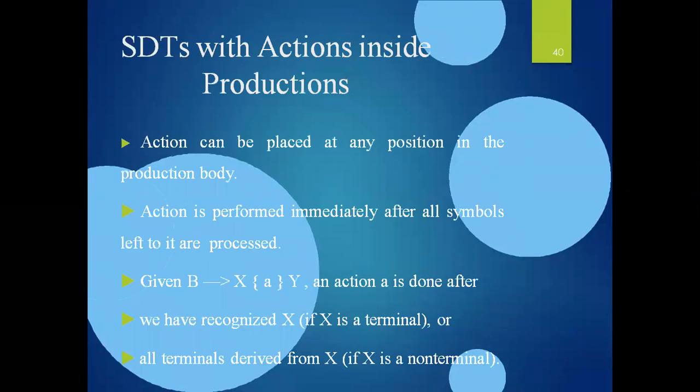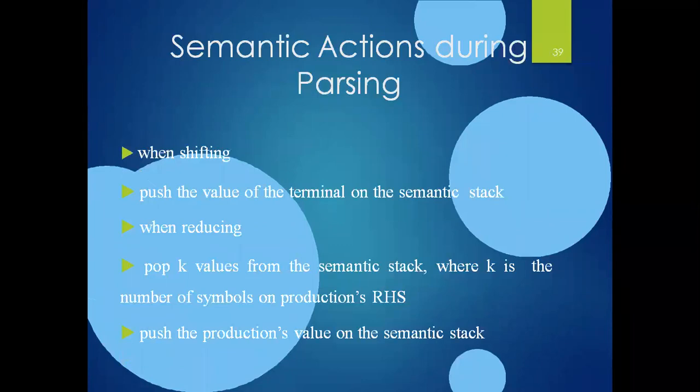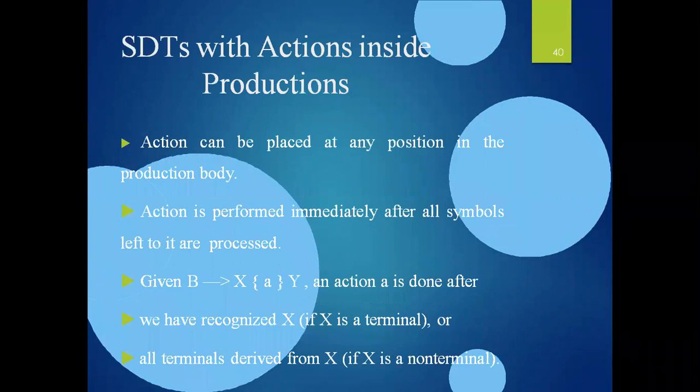And now, syntax directed translations with actions inside the productions. In the previous slide I explained what type of semantic actions there are during parsing, and this slide is about syntax directed translations with actions inside the production, right? Inside the production. And see here we have some important points. An action can be placed at any position in the production body, right?